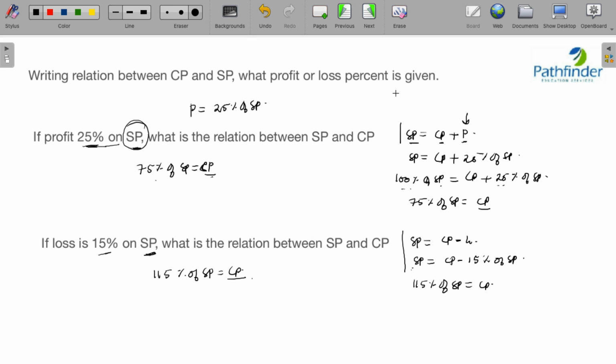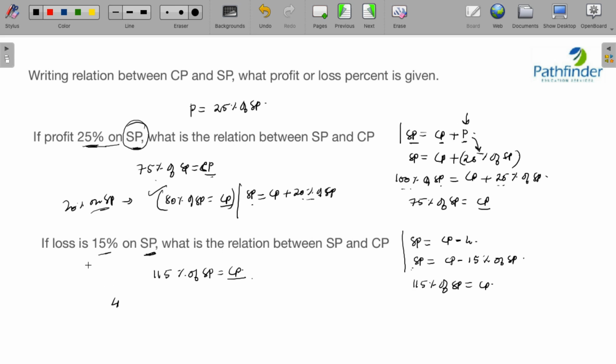Because you will calculate the profit accordingly. अब मान लो प्रॉफिट 20% ऑन SP दिया है, इसका मतलब क्या है कि 80% of SP must be equal to CP. कैसे? सो SP इज इक्वल टू CP प्लस 20% of SP, क्योंकि प्रॉफिट इज 20% ऑन SP. इस 20% को लेफ्ट हैंड साइड में ले आओगे, you will get this equation.